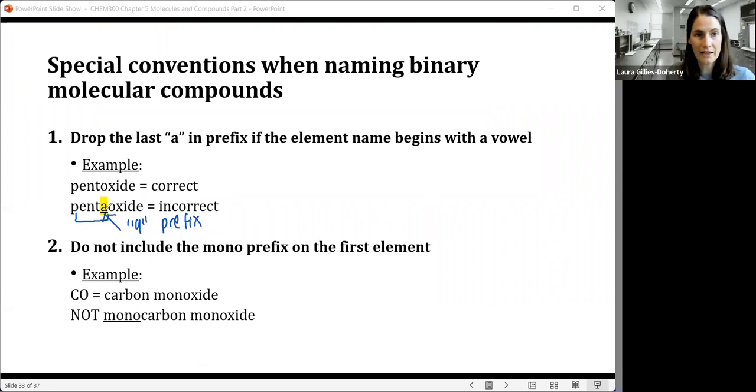You don't want to have the A from penta next to the O in oxide, that double vowel. And so we drop the A from the prefix to name it just pentoxide. So we drop the last A in the prefix if it's next to an I or an O in the element name. So you're going to see this with oxides and iodides.